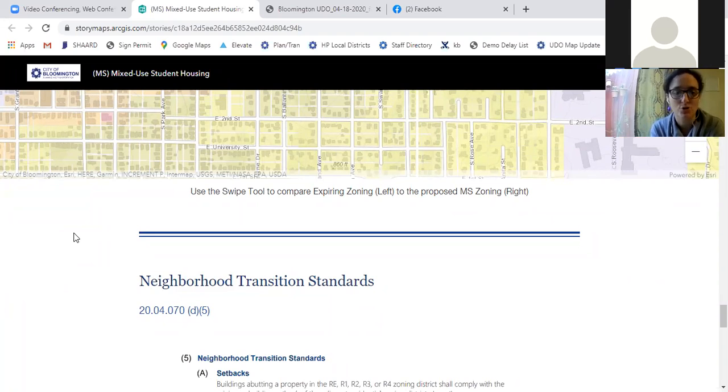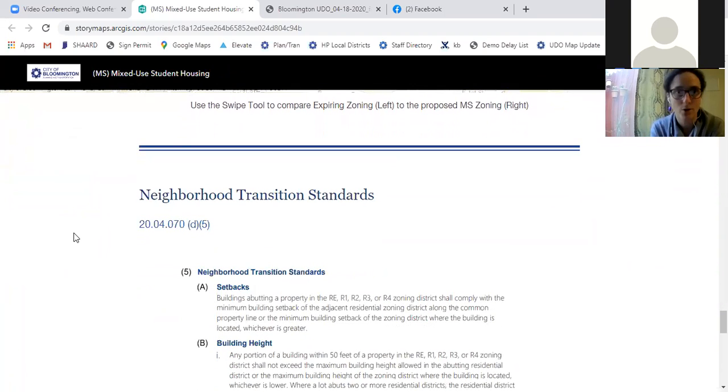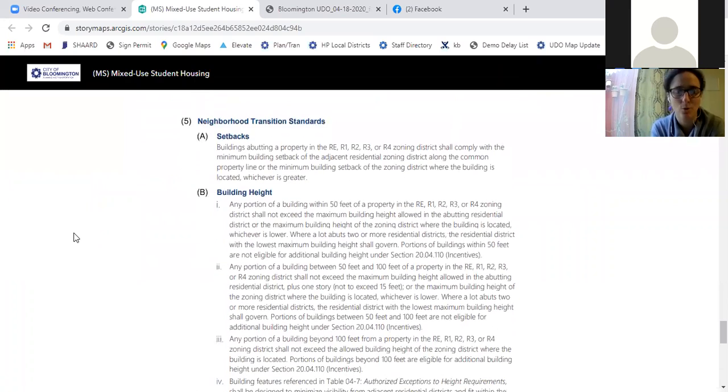They're called neighborhood transition standards. The code references are here. Again, this is available on the website, or will be available on the website, and is also, of course, available in the Unified Development Ordinance that's always on the website.